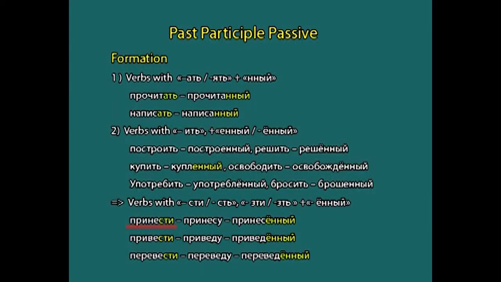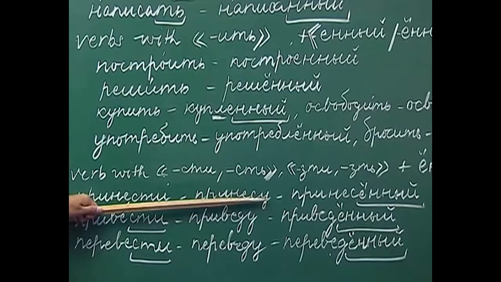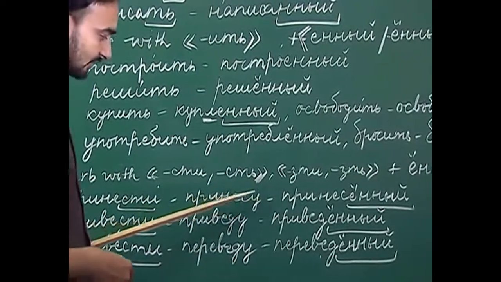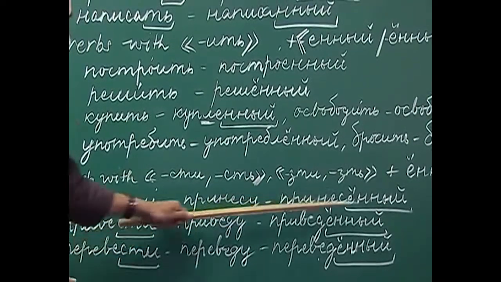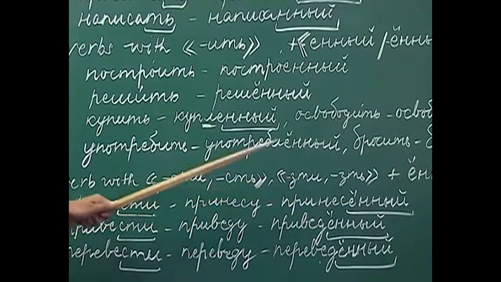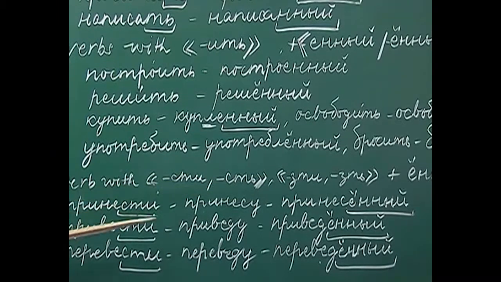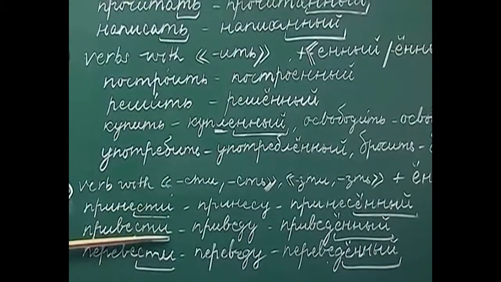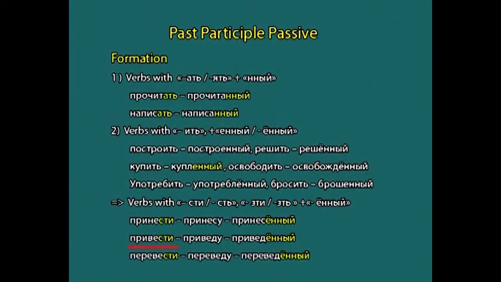Prinischi. Prinischi is to bring. Ya prinisu. So, here you have to conjugate the verb with the first person singular number and then just drop the ending u and add yonni. Prinisyonni. So, this is the past participle passive which has been formed from the verb with the ending s-te and e. The second example we have is privischi.